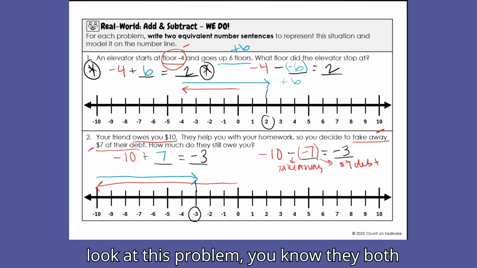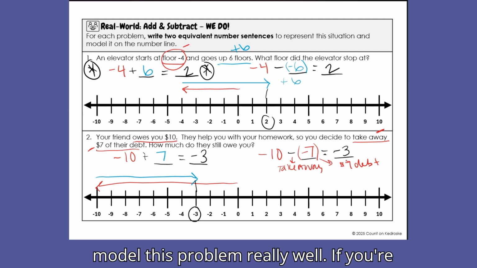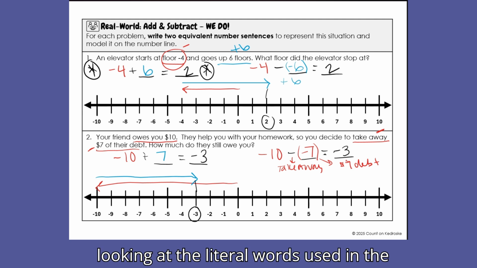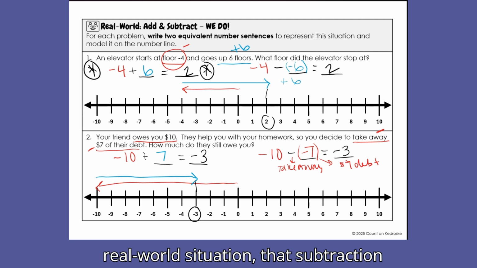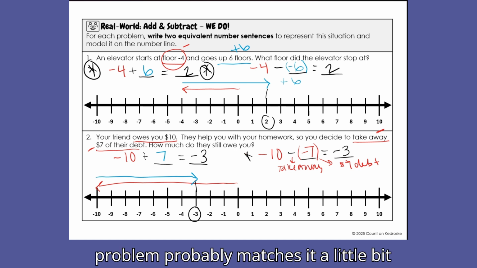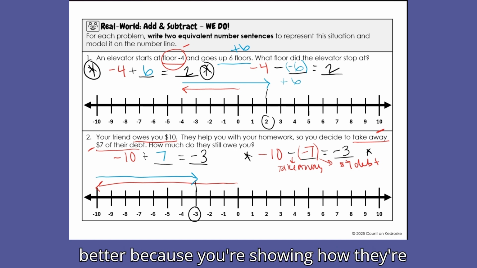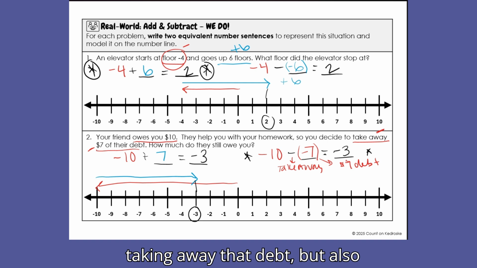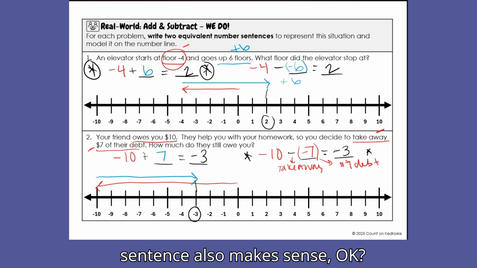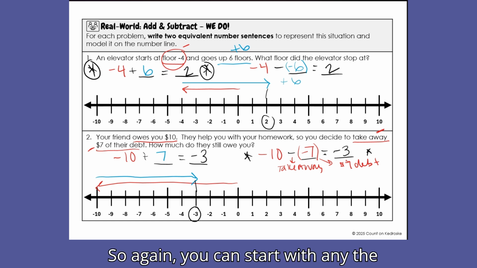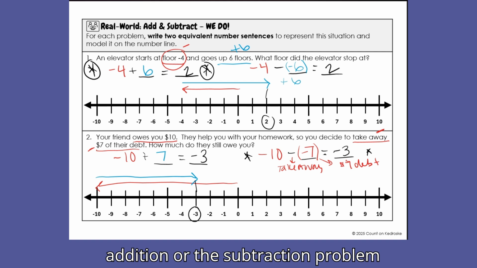So you look at this problem, they both model this problem really well. If you're looking at the literal words used in the real world situation, that subtraction problem probably matches it a little bit better because you're showing how they're taking away that debt, but also adding a +7 as an addition sentence also makes sense. Okay. So again, you can start with the addition or the subtraction problem first.